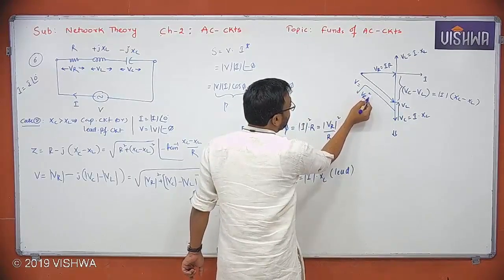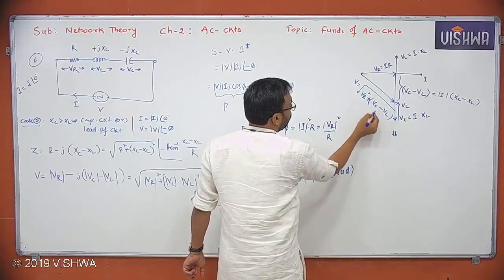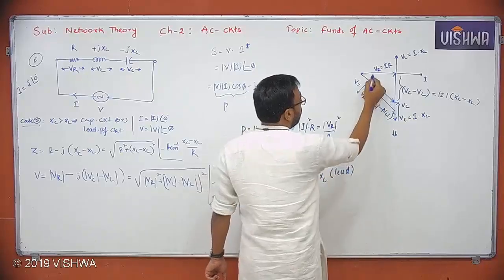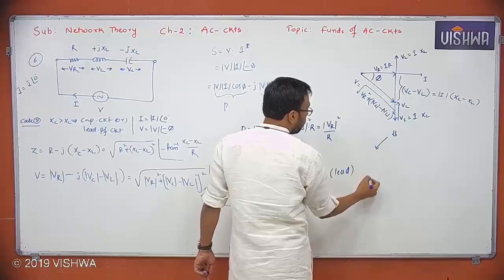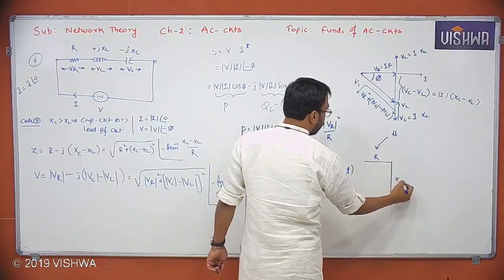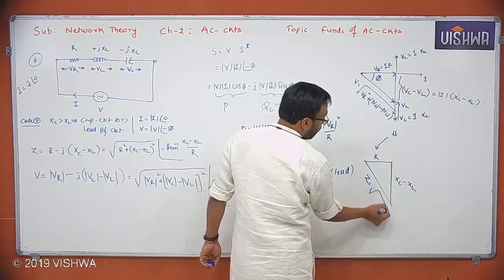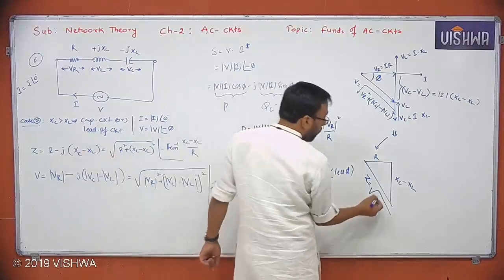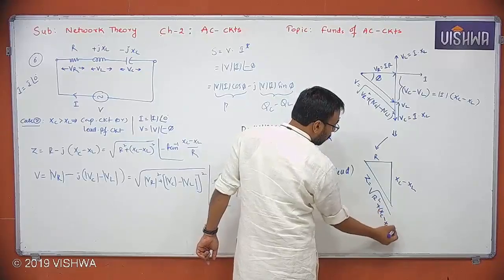So you get now, this is VR square plus VC minus VL whole square. Yes or no? All of you, I think, understand? This is angle phi. Now, dividing each phasor by capital I: R, XC minus XL, Z, a downward triangle, because in the fourth quadrant you have a negative value here. R square plus XC minus XL whole square.